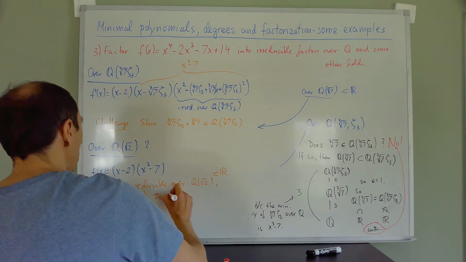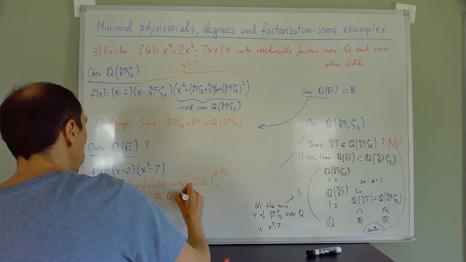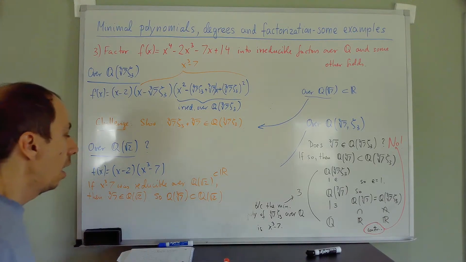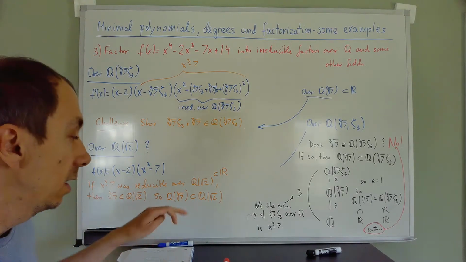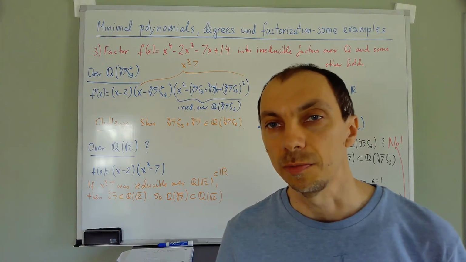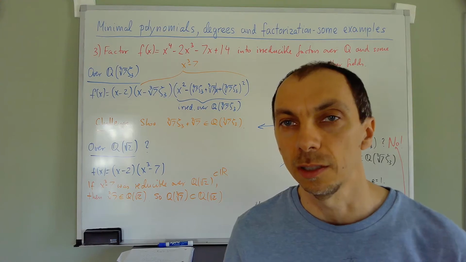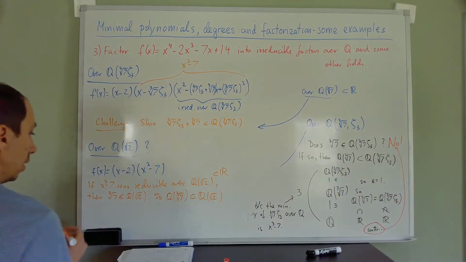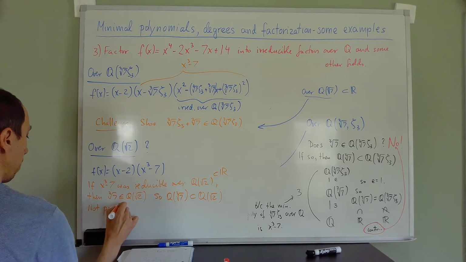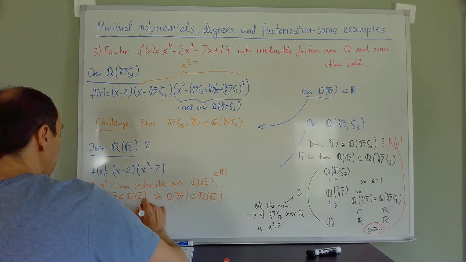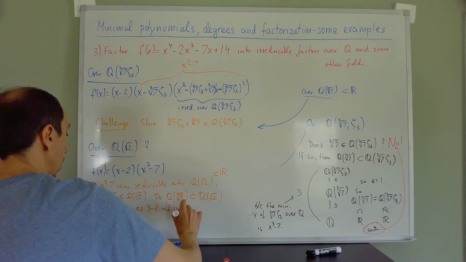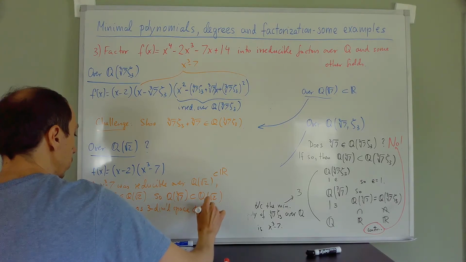So Q adjoin cube root of 7 would be a subfield of Q adjoin square root of 2. Oh, but that's not possible, right? Because that's a three-dimensional vector space over Q, while the other one is just a two-dimensional vector space over Q, and a three-dimensional space cannot sit in a two-dimensional space. So, not possible.